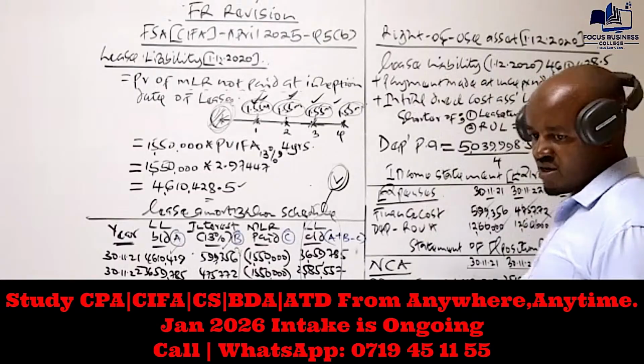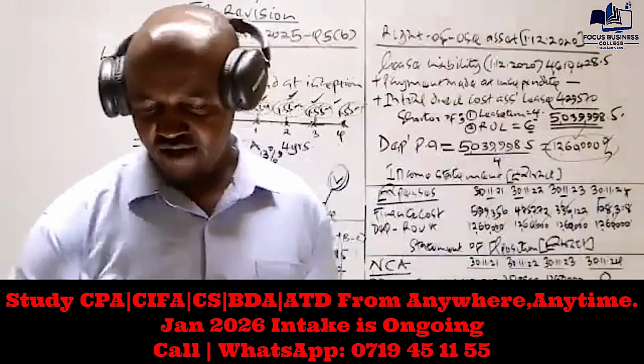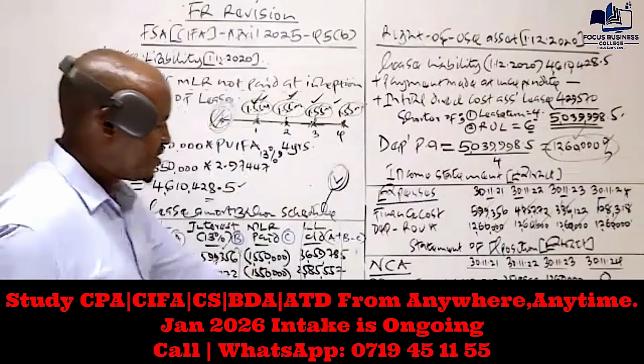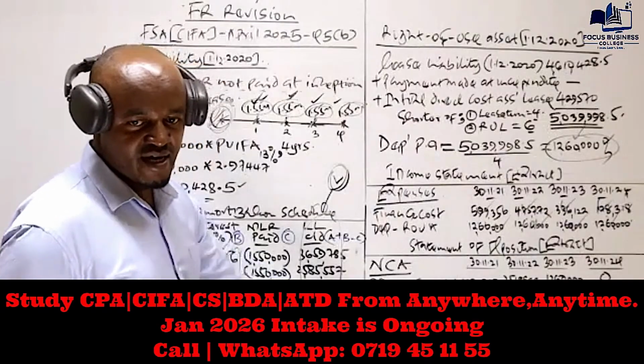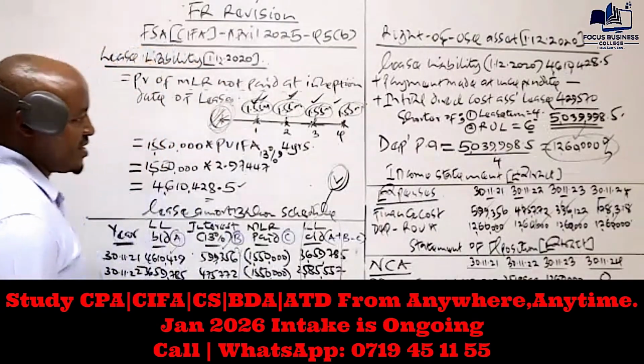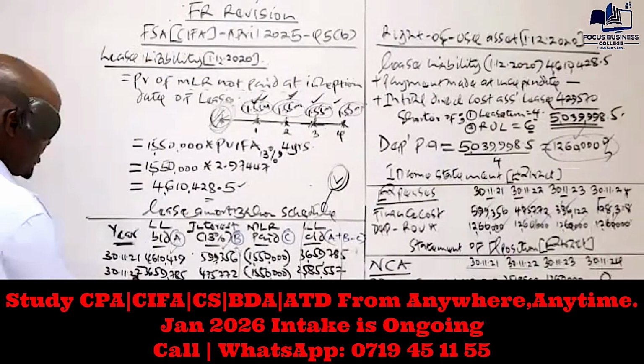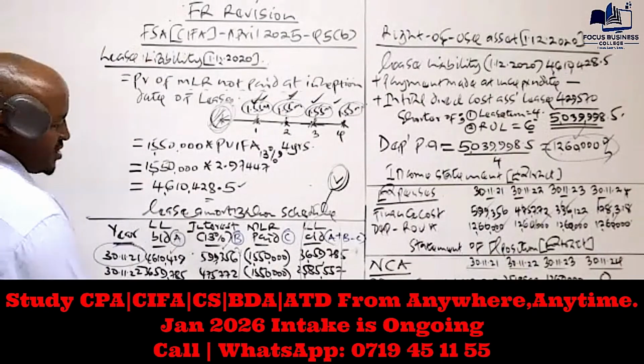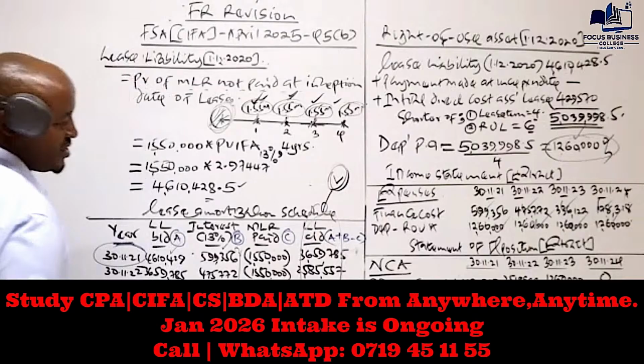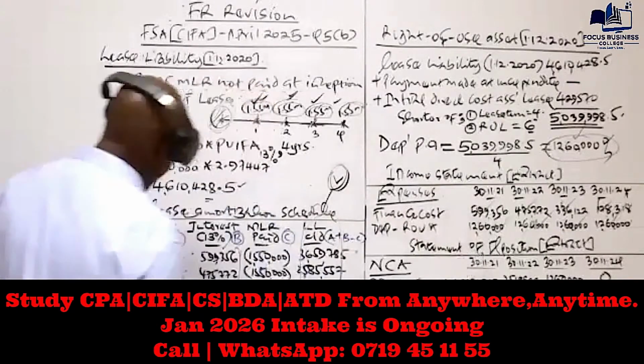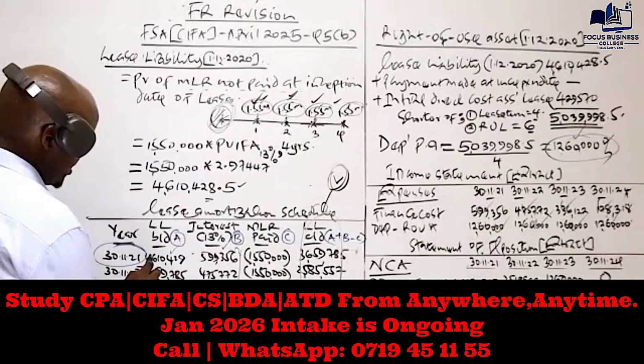We said whatever is very simple is first of all to determine the amount to be recognized under the non-current liabilities. The amount to be recognized as a non-current liability at the end of year 1, we take the lease liability at the end of year 2.